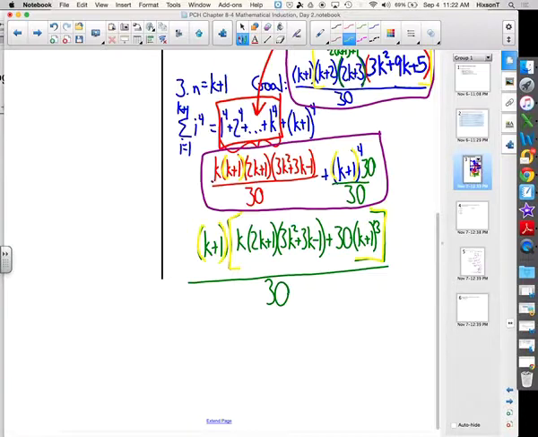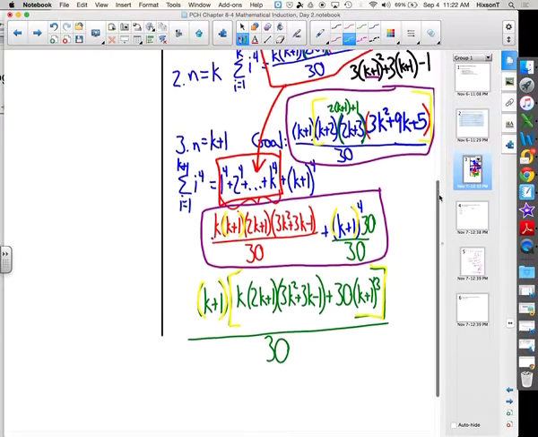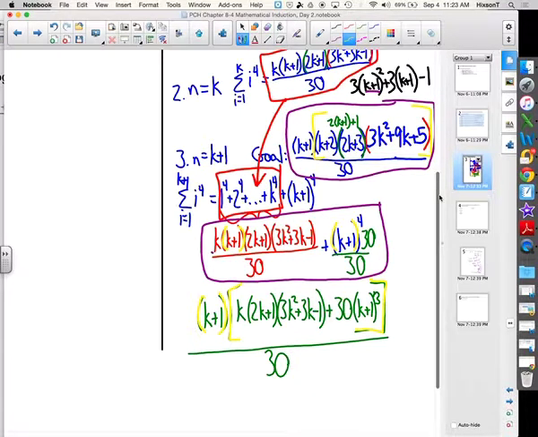The simplest way is to recognize, notice in our goal, there's a k plus 1, and there's a 30 in the denominator. I already have those two parts. So really, all I have to show at this point is that what's in the brackets here equals what's in the brackets down there.